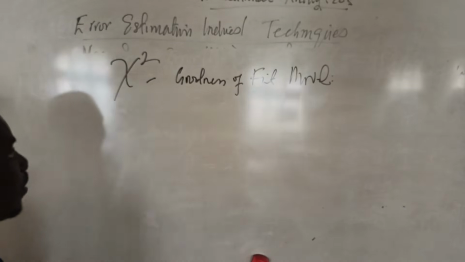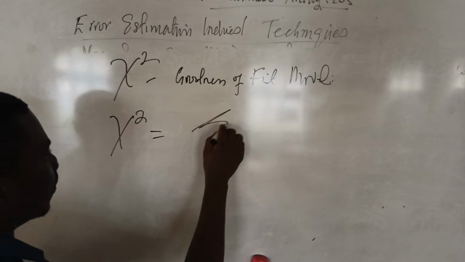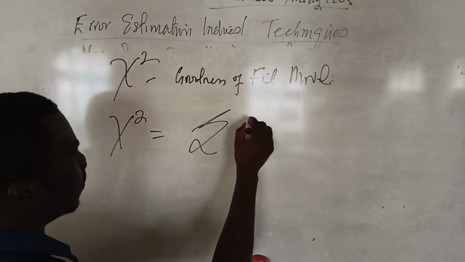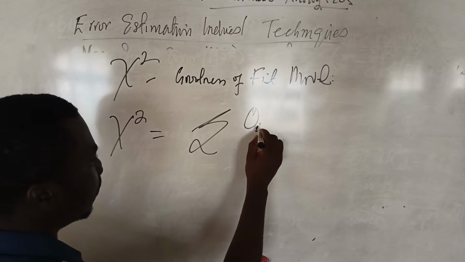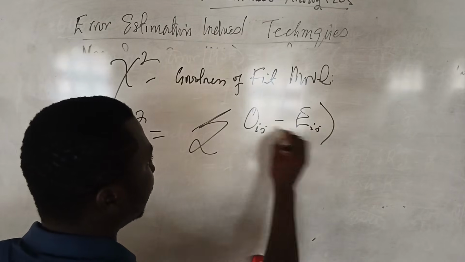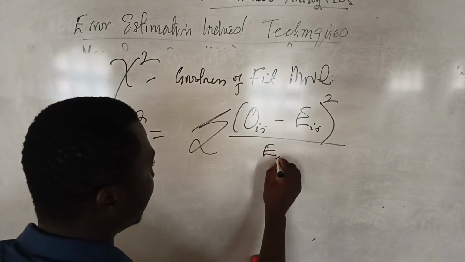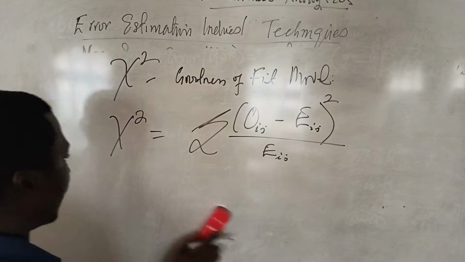in your analytical tool. So we define it as the chi-square equals the summation of the observed value minus the expected value all squared divided by the expected value.